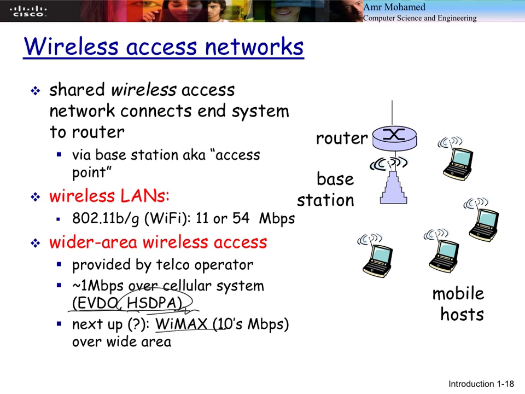So LTE and HSDPA and HSPA and all these standards, which evolved from GSM, are the trend that people use nowadays. In any case, all these standards are used for broadband mobile wireless access, which can be used in our devices to connect our end devices to, again, the telco office or the service provider through very wide range communication.